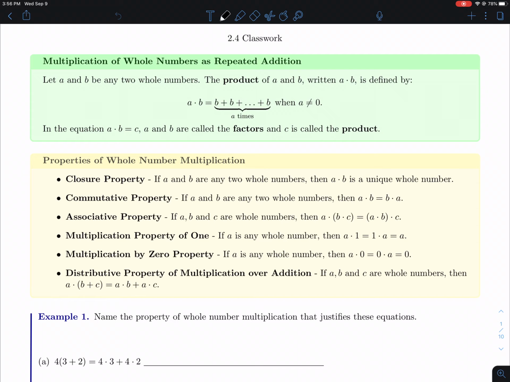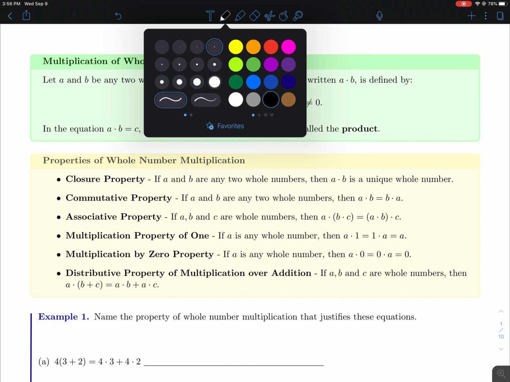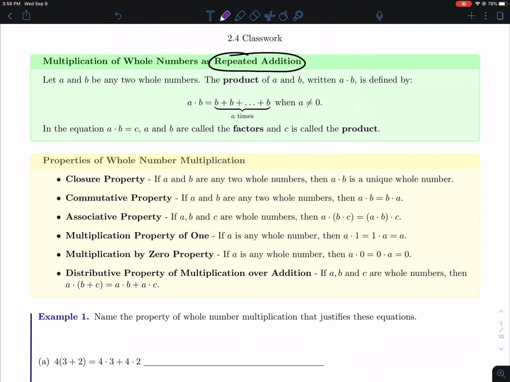Just like I had said, it can be thought of as repeated addition. In this case, the product of A and B is written as A dot B. There are technically a lot of other ways you can write multiplication. A dot B is obviously one. You've probably seen A times B with the little x, which they use in elementary school.